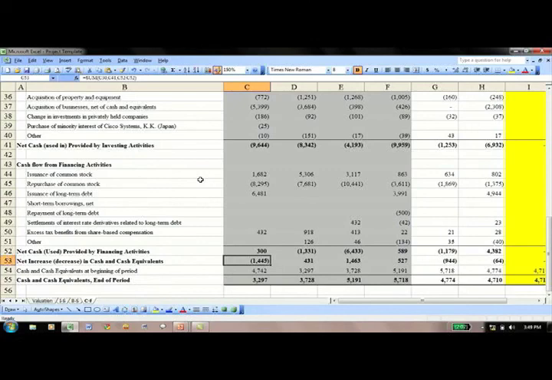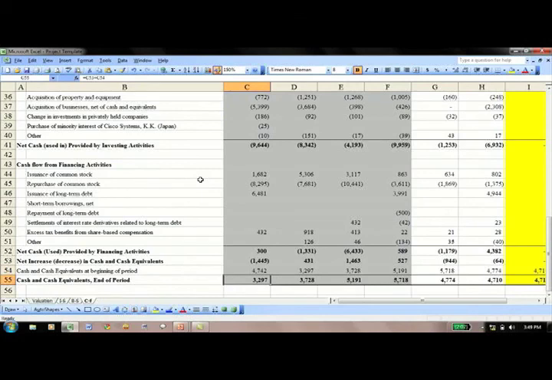So in this particular fiscal year, Cisco ended up, broadly speaking, losing cash to the tune of $1.5 billion. Now at the beginning of the period, it had cash of, this is column C, cash of 4.7 billion. And because it used up 1.5 billion, it ended the period with only 3.297 billion dollars.